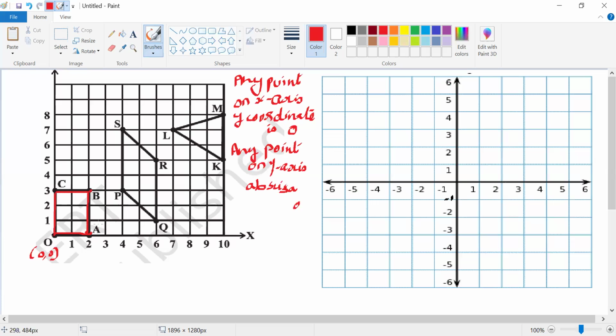So here A, if you take the point A, its coordinate will be x coordinate 2, y 0. Now B, x coordinate 2, y coordinate 3. So 2, 3. When you take C, C is lying on y-axis. So its x coordinate 0, y coordinate 3. Now let us come to this figure, PQRS.